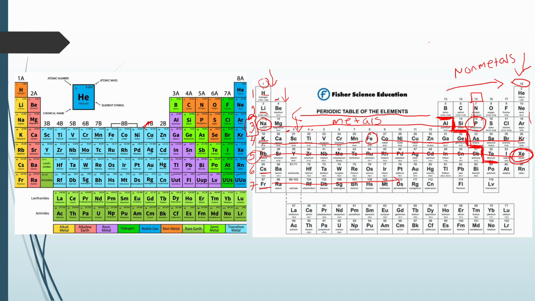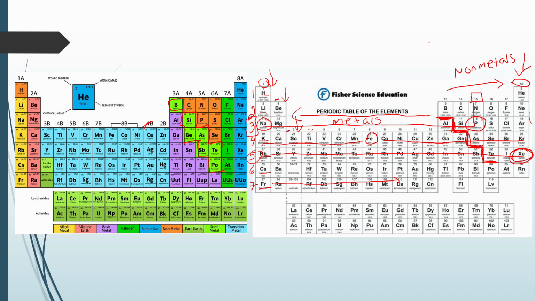And then along that staircase, you're going to find your metalloids. And if we look at this periodic table over here in color, you can see where our boron, silicon, germanium, arsenic, antimony, beryllium, and molybdenum in these neon green boxes represent our metalloids.